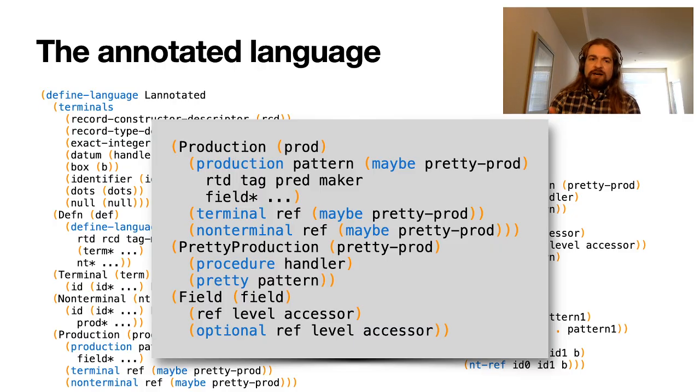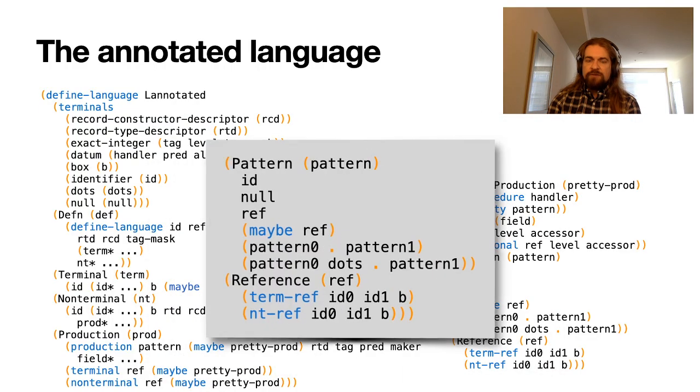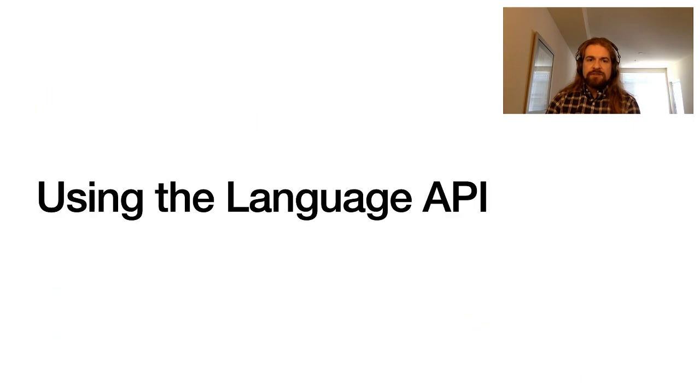And the reason why we separate out this list of fields is to make it easier for us to go through and actually process the results of extracting things from the language itself. And then we also have terminal and non-terminal, which are just references to the terminal and non-terminal, and potentially also have this pretty production. And then pattern and reference, these really haven't changed. They pretty much look the same as they did before. In fact, I think they're exactly the same as they were before. So that's our annotated language.